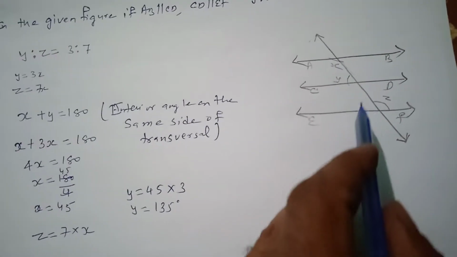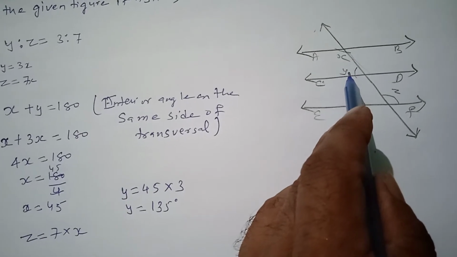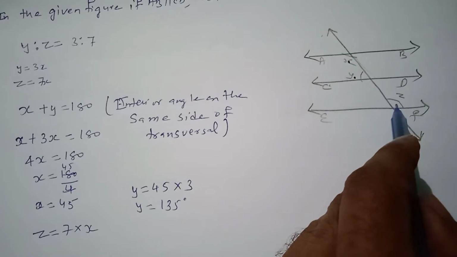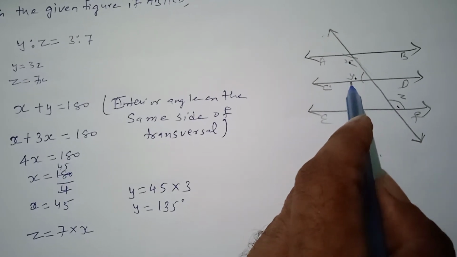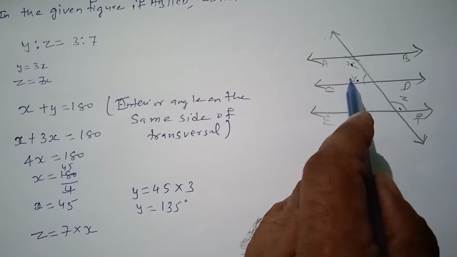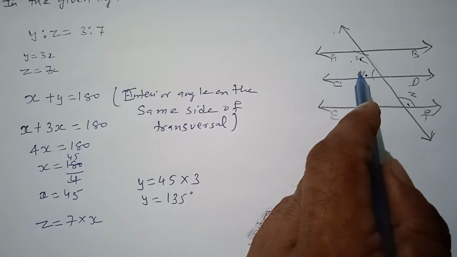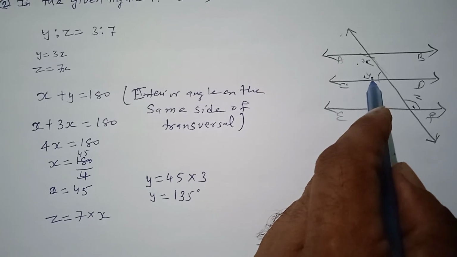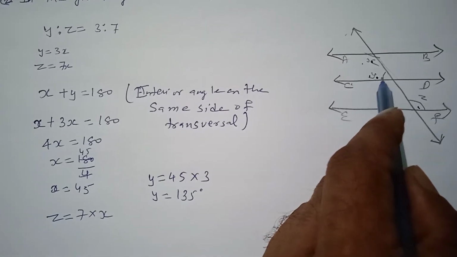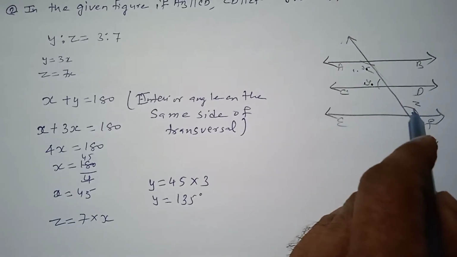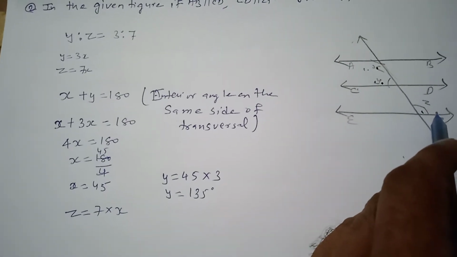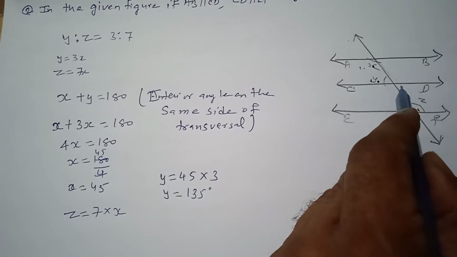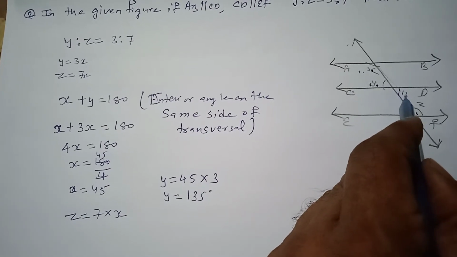According to the figure, here we are getting the value of y and x also. Now we want to find z. We all know y and x are interior angles on the same side of transversal. Interior angles are supplementary. And here x and z are alternate angles. So if y is 135, this angle will also be 135.